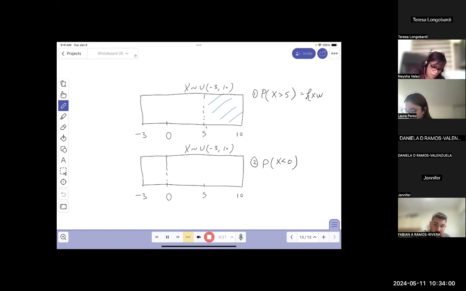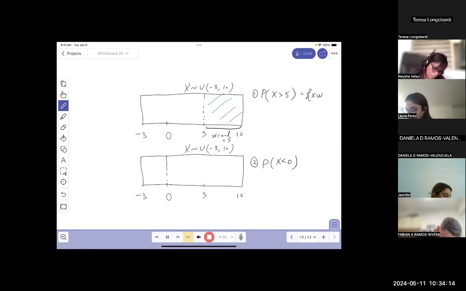The width is just 5, right? The upper one minus the lower one in this area here. Because it's continuous, we can make that calculation. But what is the height?